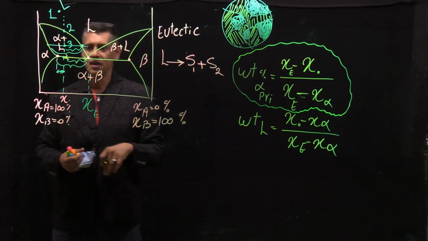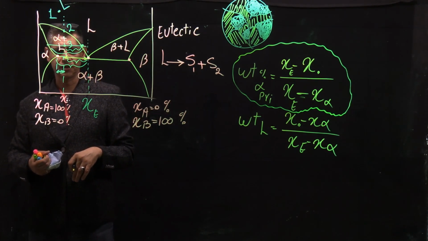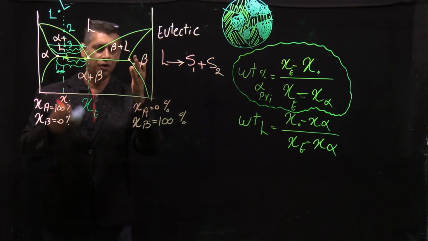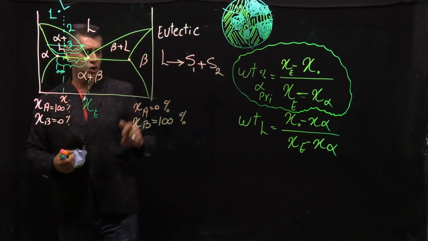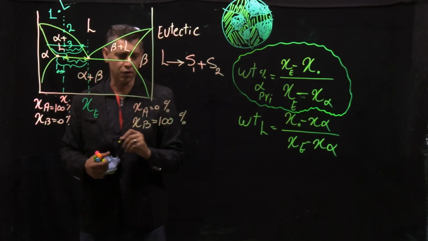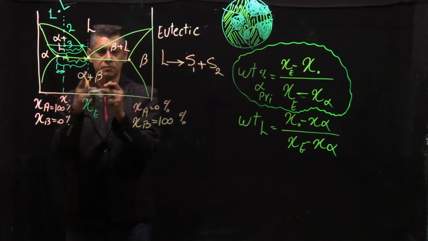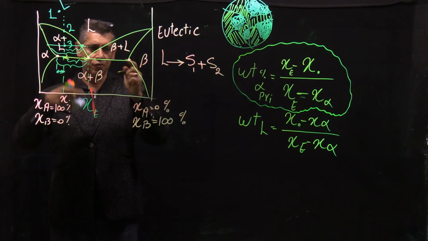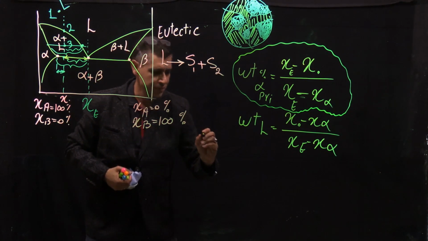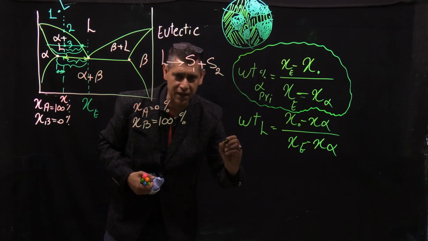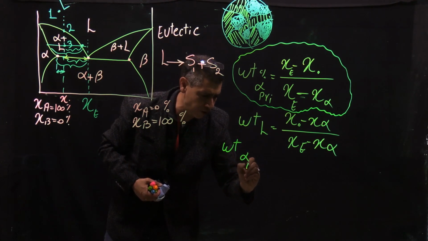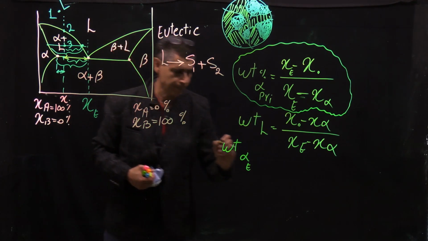In any kind of eutectic, you have copper and nickel. All these numbers are given by nature. So let's see how it goes. So I write the inverse lever law. This is, for example, the mass fraction or the weight percent of alpha eutectic.